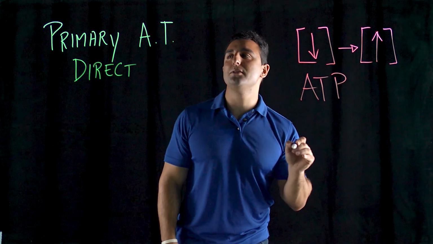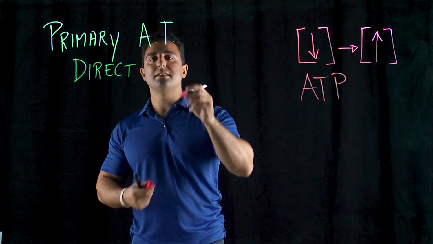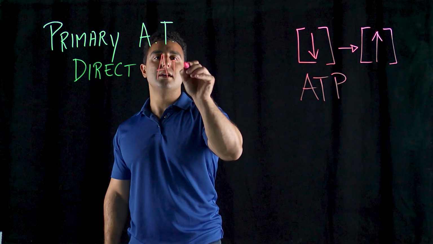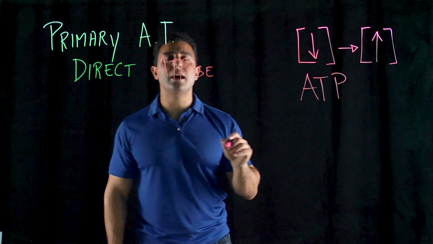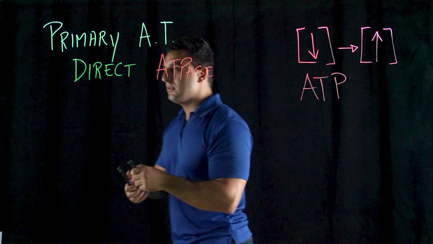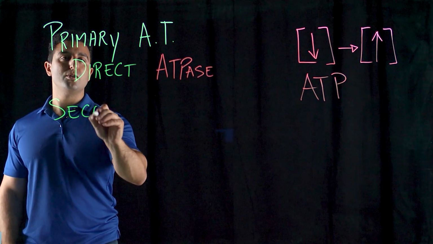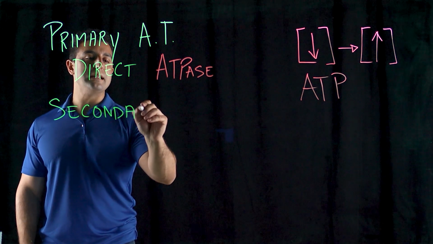A perfect example of these primary active transports are the ATPases, the exchange ATPases, where the ATP is directly used in order to allow certain ions to go against the specific gradient. Now, we have secondary active transport, which is also called indirect ATP.